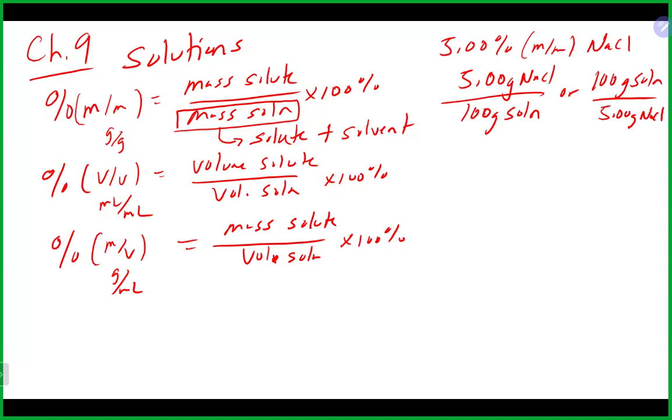If it was 5% volume to volume, it would just mean that you have 5 milliliters of sodium chloride in 100 milliliters of solution. And if it was 5% mass to volume, it would mean that you have something like 5 grams of sodium chloride in 100 milliliters of solution. So as we talked about last time, sometimes it's easier to take a more dimensional analysis approach on some of these calculations and just use it as a conversion factor if possible.